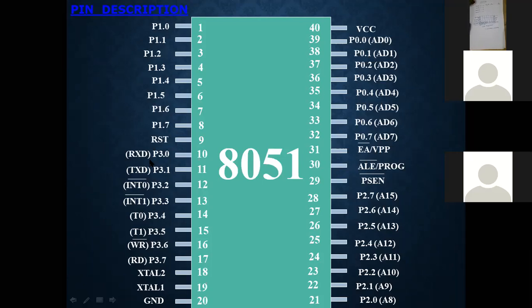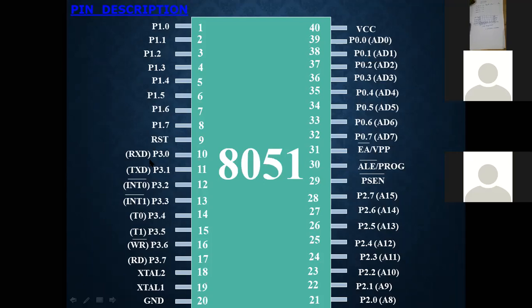And after that, pin number 32 to 39, these 8 pins are used as port 0. There are some extra functions mentioned in the bracket. Just see that port 0 and port 2 are used for another operation. Port 0 will be used as the address data multiplexed.